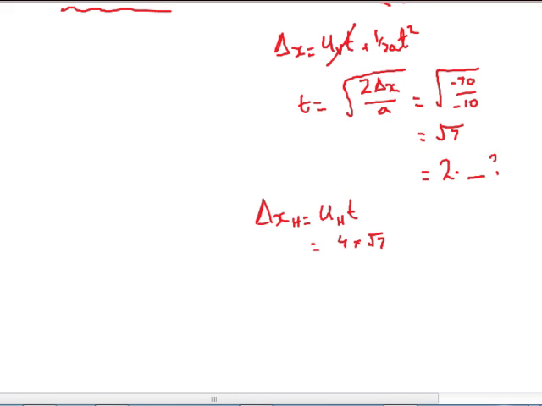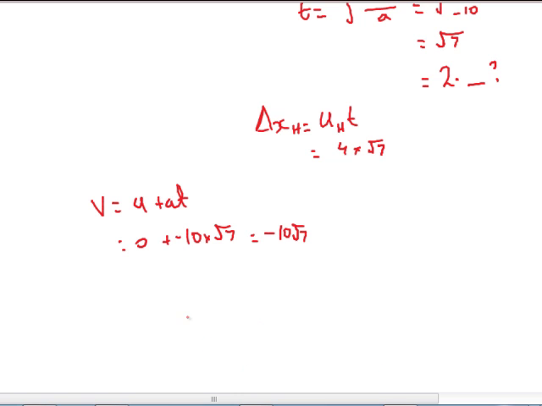What if I want to work out the impact velocity? We now know the time of flight, so you can do V equals U plus AT, which is 0 plus negative 10 times root 7, which is negative 10 root 7. So we now have the details. We know it was 4 across, not to scale, and 10 root 7 down, which gives us our impact velocity V, and we need an angle to the horizontal, which is the same as that angle there.